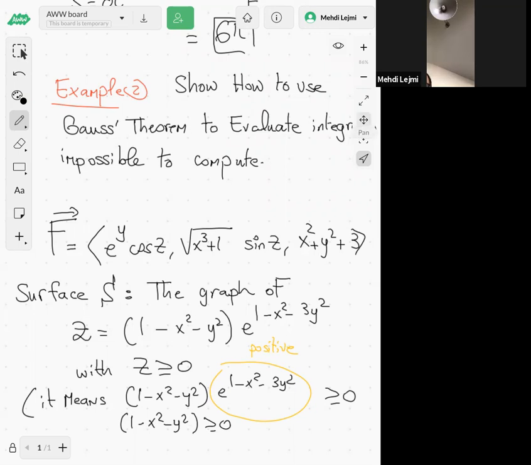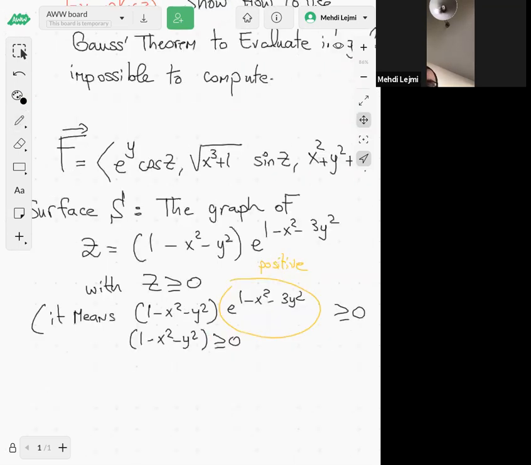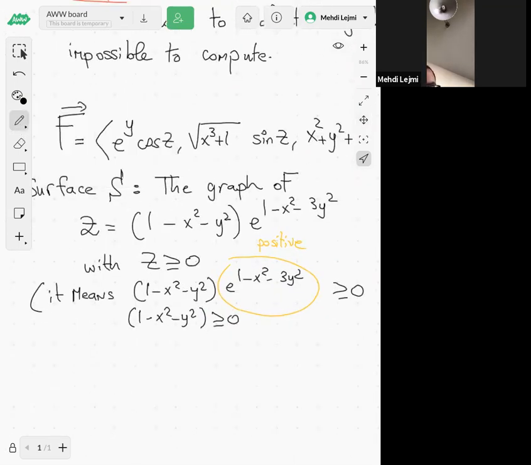In other words, x squared plus y squared less or equal to 1. So in some sense, this is the domain of your surface, the domain of S.